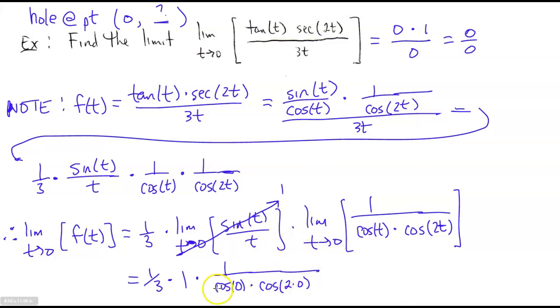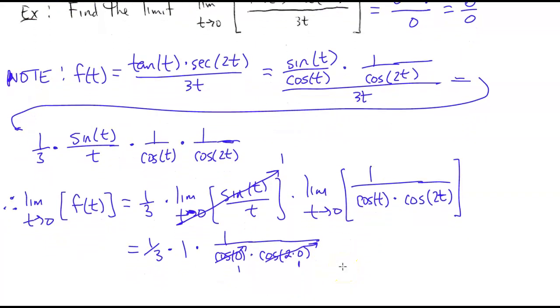And in both of these instances, cosine of 0 is 1. Cosine of 2 times 0 is 1. And so our final answer here, after everything is done, will just be 1/3 times a bunch of 1s, which would just be 1/3. Okay? And so that would be what our final answer is.